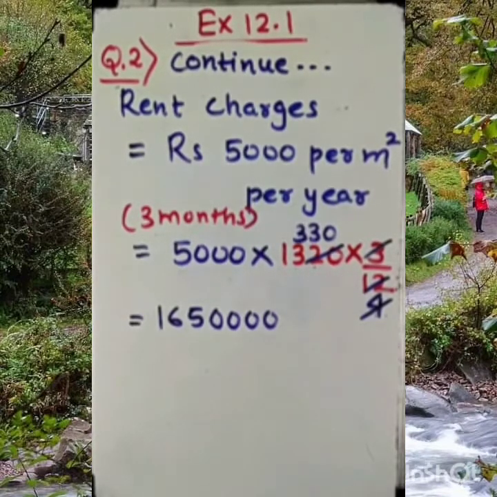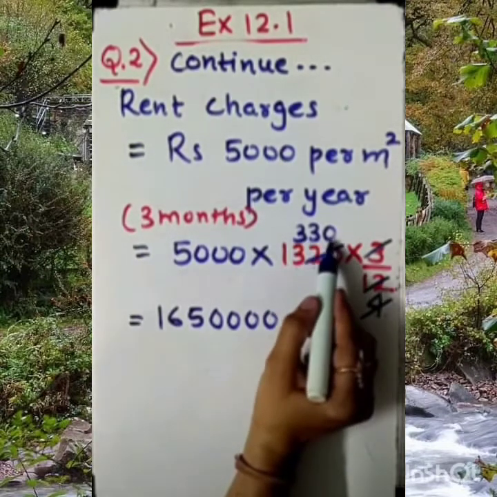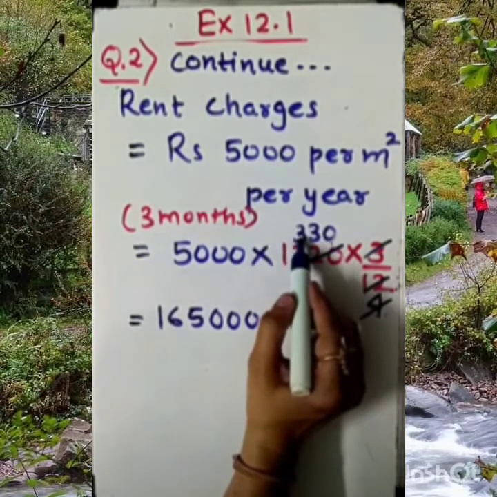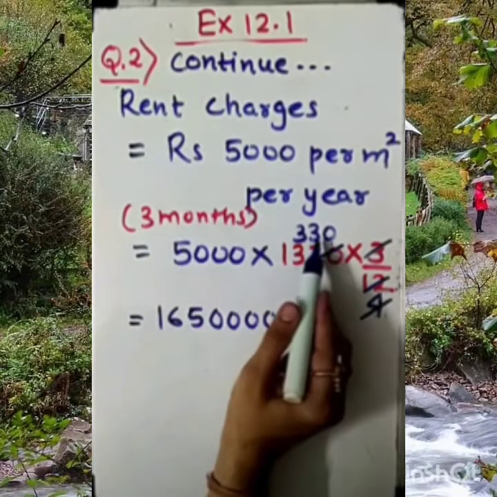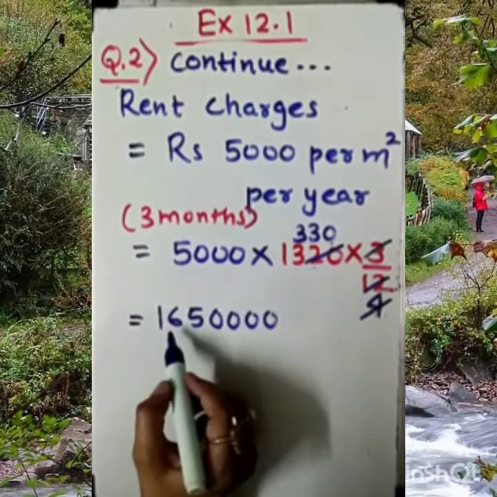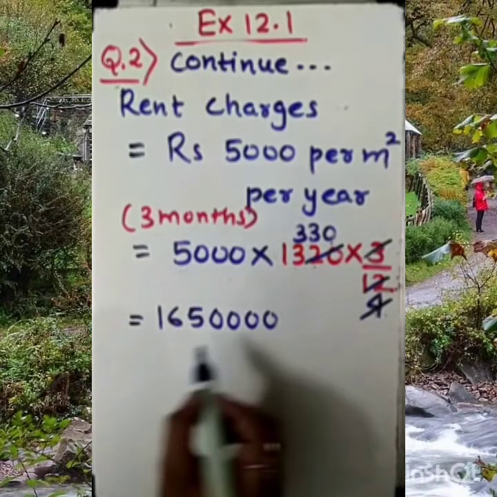I corrected it: it is not 130, it is 330. So 330 will be multiplied by 5. Please correct that.